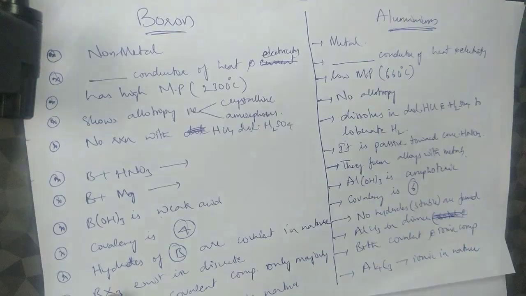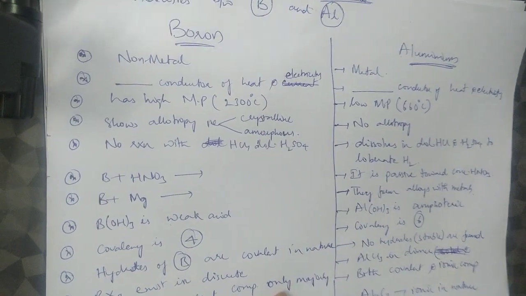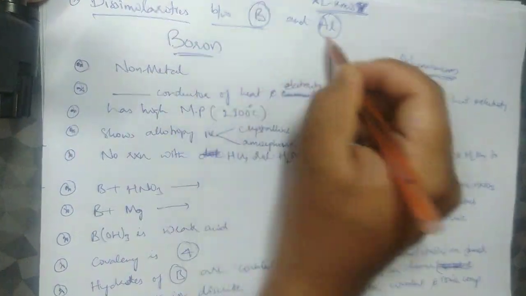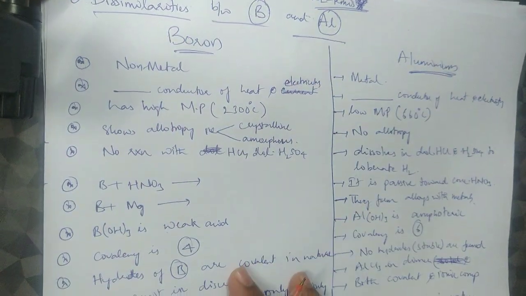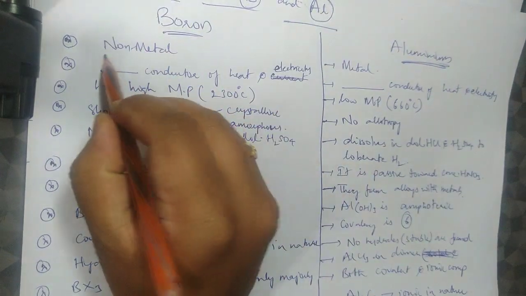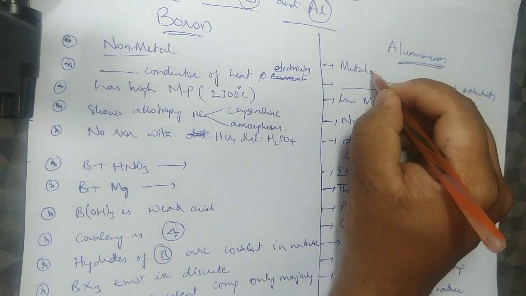As of now, I have written the differences for you, and here they are. In fact, we have already studied most of the properties, so this is just a rough recapitulation. Dissimilarities between boron and aluminium. Boron is a non-metal, and aluminium is a metal.